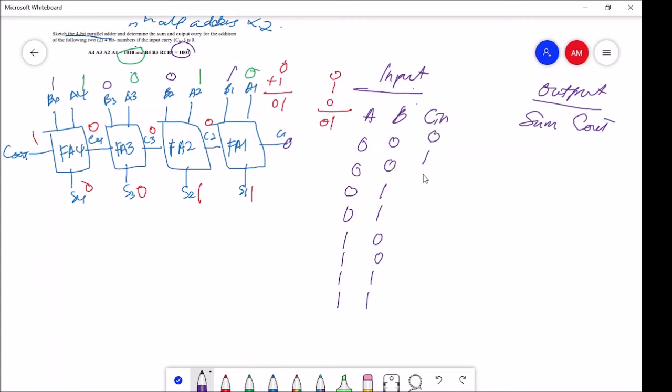Just insert the value according to the diagram, the input diagram. Okay, same steps goes for the output. Just follow what I've written in the diagram.